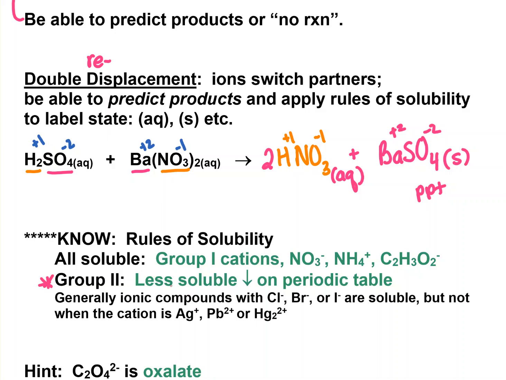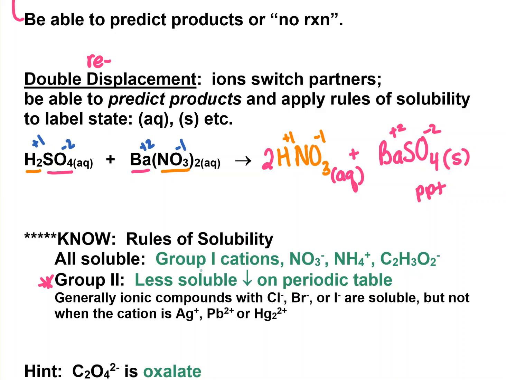They form fewer soluble compounds as you move down the periodic table. In other words, barium is the lowest one that you will use, and you'll see that it forms a lot of precipitates. And magnesium at the top, you'll see you don't get very many at all, if at all.